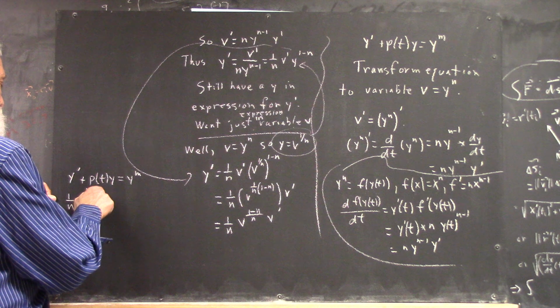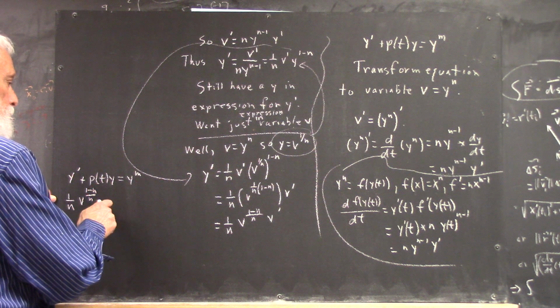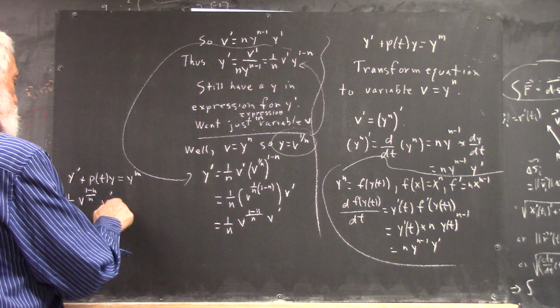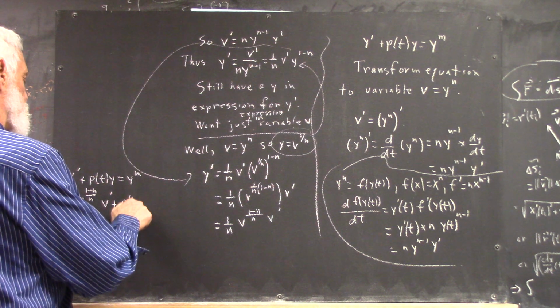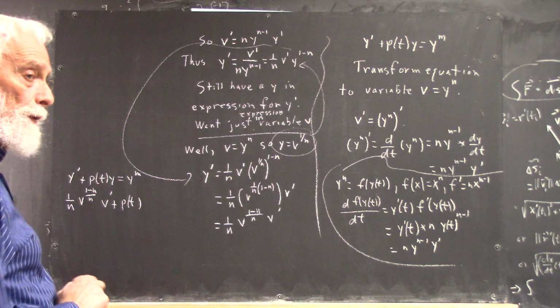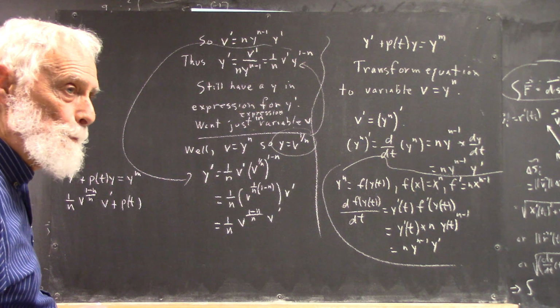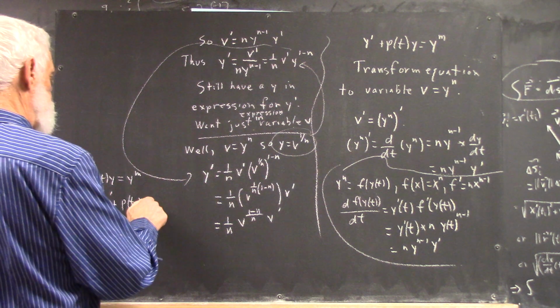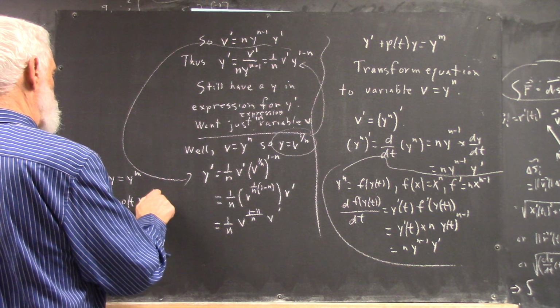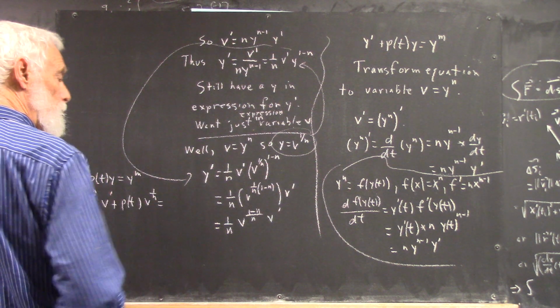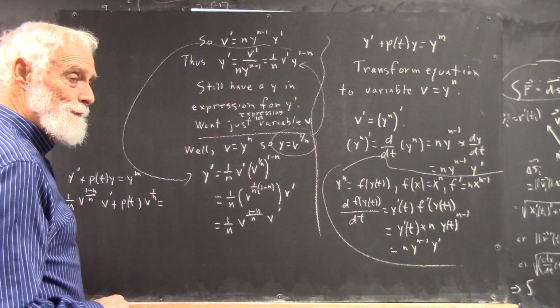I forgot about that one. And what are we going to replace y with? v to the power of 1 over n. And what are we going to replace this by? What is that?